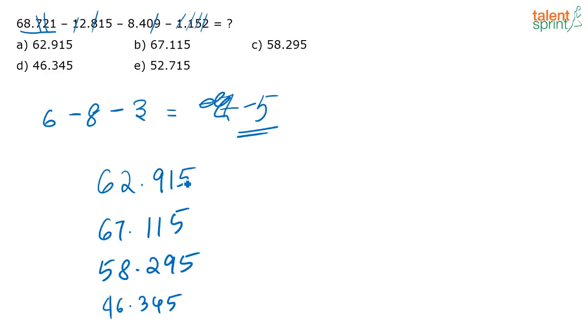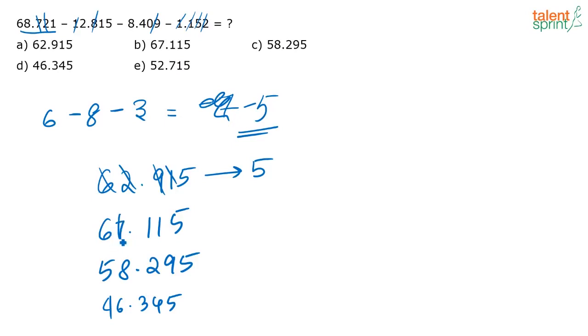Now look at the digital root for these numbers. This 9 you cancel, then you have 6, again 6 plus 3, that is 9, so cancel. So the digit root of this number is going to be 5. Now look at the next number. Like that, calculate the digit root for each number and see which of the digit roots matches. That is going to be your correct answer. That's how you go about solving this question.